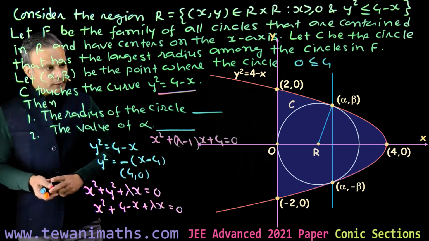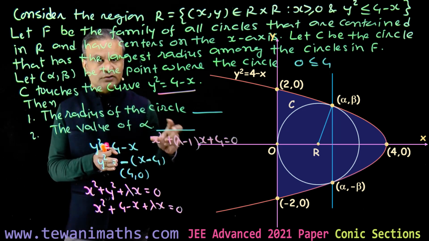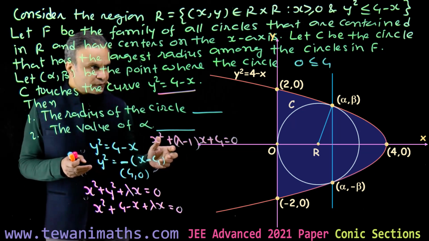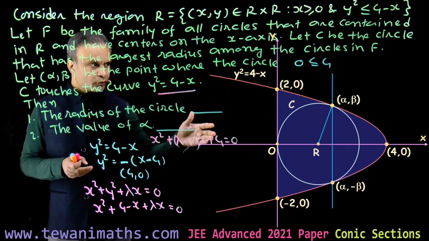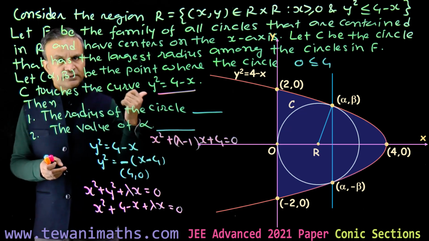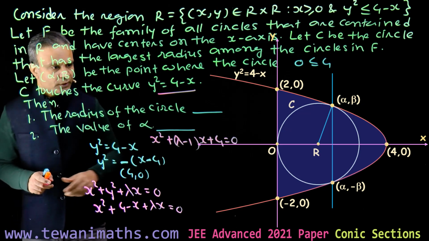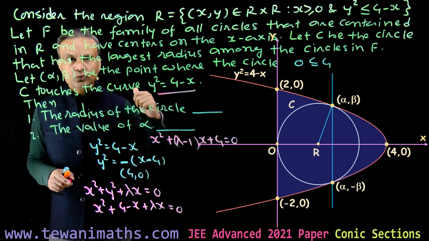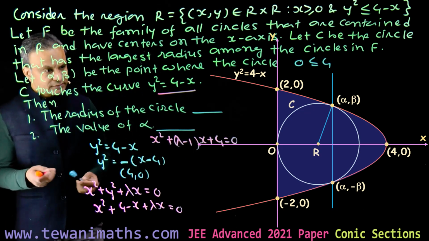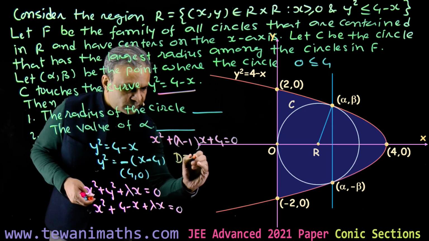Now definitely this equation will have equal roots because the circle touches the parabola. So for these 2 points of contact on the parabola, the value of abscissa will be the same. So from this equation we will get two equal values of x, that means the discriminant of this equation will be 0.